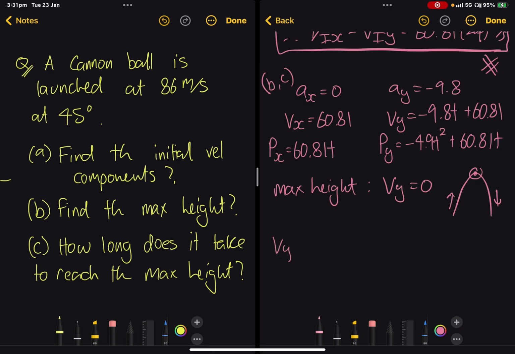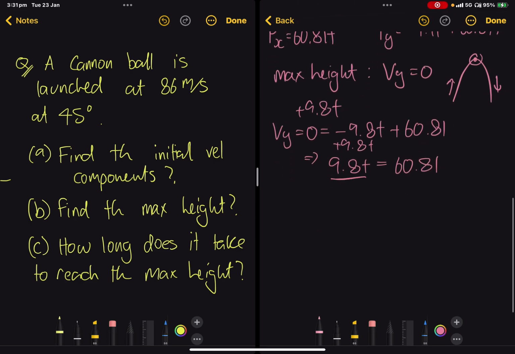So we have V of y is equal to 0 is equal to minus 9.8t plus 60.81. So we're going to add 9.8t to both sides. This gives us 9.8t is equal to 60.81. Going to divide both sides by 9.8. This gives us t is equal to 60.81 divided by 9.8.